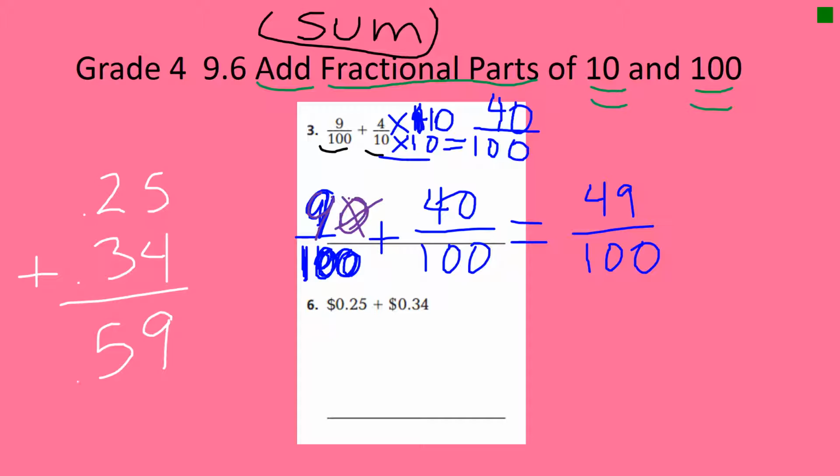I added them. It's 59 cents, right? So, be official though. 59 hundredths of a dollar. Okay? All right, beautiful. I know there were a bunch like that you did in class today. I'm sure you're experts at them.